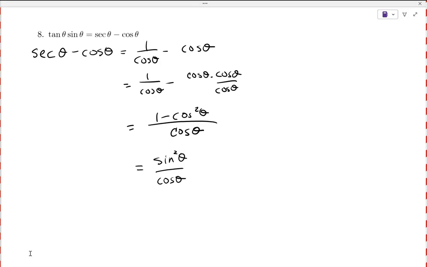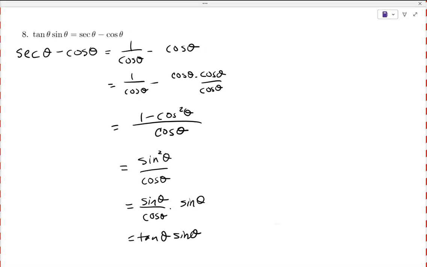Yeah, I can just pop out a sine over cosine and then have an extra sine to go, right? So you can write this as sine over cosine times sine. And then we really do have tangent times sine. Does that make sense? Okay.